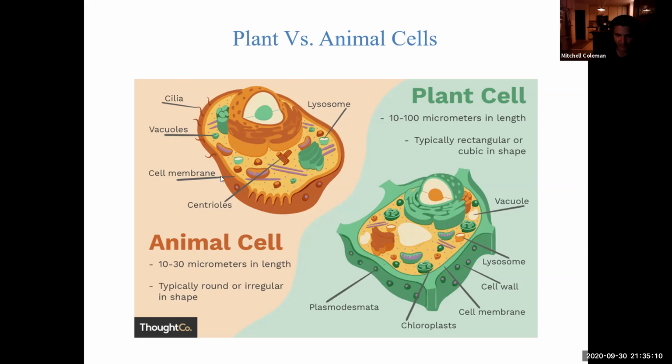Okay, so those are all animal cells, typically round or irregular, versus plant cells, in addition to the additional organelles we'll talk about shortly, which are typically rectangular or cubic in shape. And so they're much more geometric in shape. And we'll talk about why that is shortly. And so plant cells have everything that animal cells have, but they also have some more organelles, which animal cells do not have.